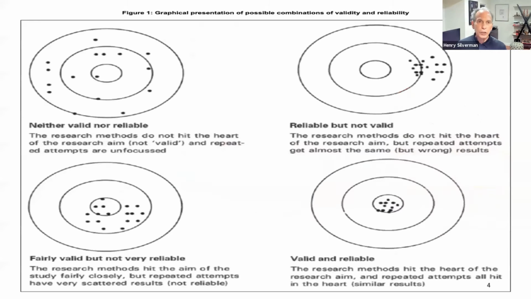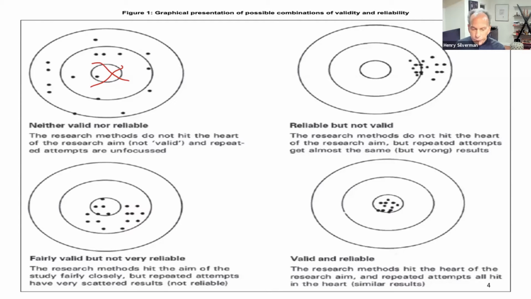The way to look at it is shown in this diagram. Validity represents how accurately the questionnaire measures what you want to measure, and reliability represents how consistent are the items in the questionnaire.